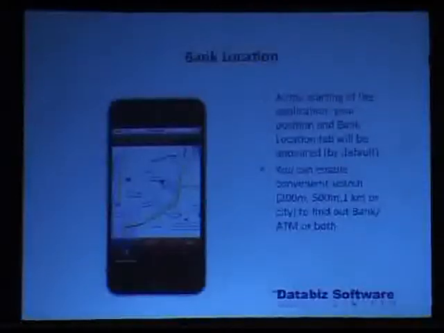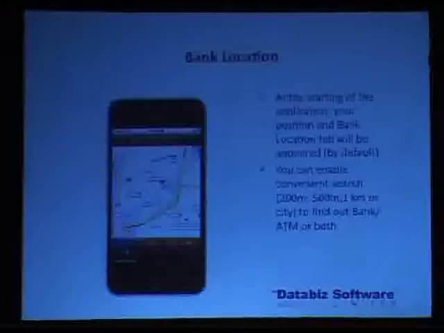Say, for example, when you are opening the app, it will show your position. And although the screen is very blurred, if you see, in the top part of the screen there is 200 meter, 100, 1,000 meter, 500 meters. These are the distances you want to browse, the distance you want to see the branches or ATMs.